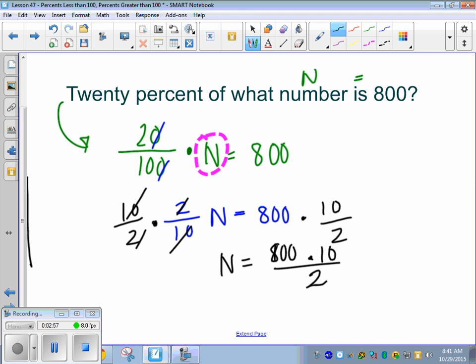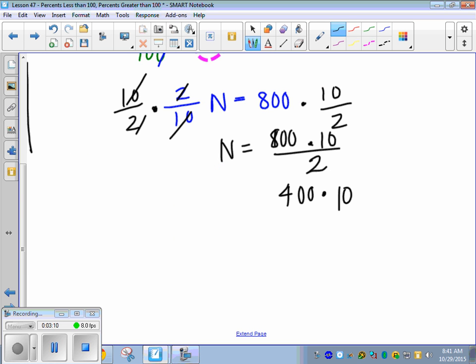These ones, it's going to be a lot easier if you try and cancel some stuff out before we multiply it. 10 and 2 are both nice numbers, but 800 divided by 2 gives me 400, and then times 10 gives me 4,000, and equals. What's up, Isaac? Once you're to this point, if you went straight to the answer, that would be fine.